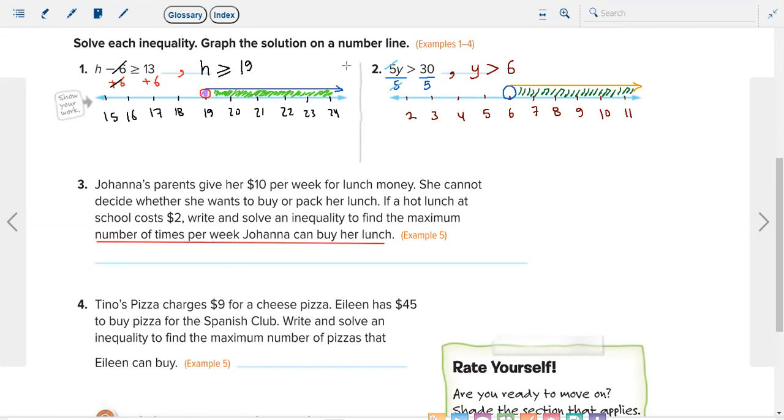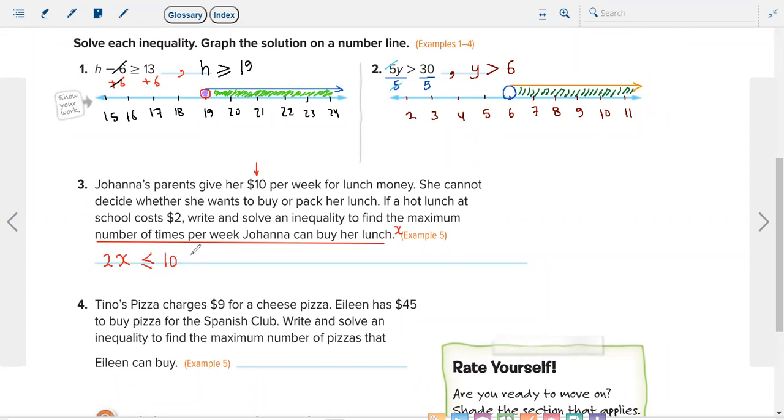So if I say that the number of lunches she can buy is x or n or whatever, then $2 multiplied by this x should be smaller than or equal to $10, because this is the maximum amount she has. So we cannot exceed $10. That's why we said smaller than or equal to 10.